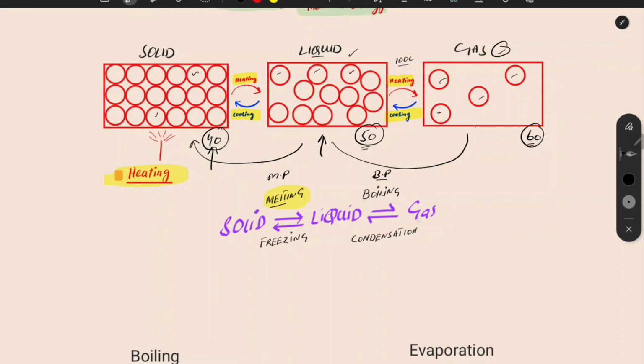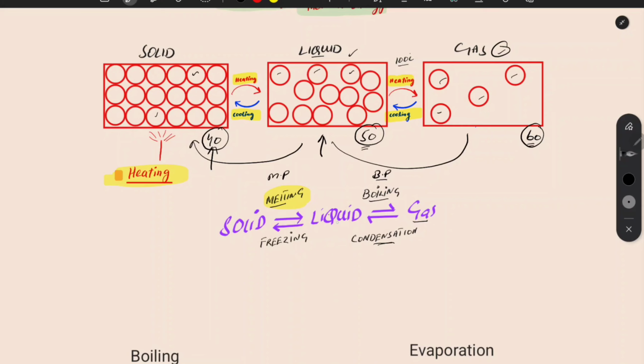And if you want to convert gas into liquid, that process is called condensation. I know these are all very basic things. You have already learned these in your middle or primary classes, but we are just revising those easy processes. So converting gas into liquid is called condensation.